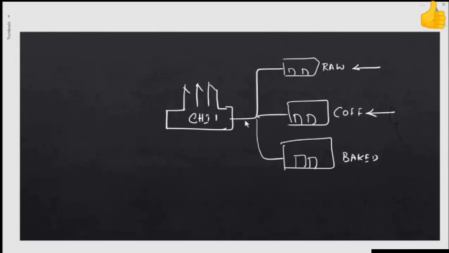Because after all, we use the system to represent what's really happening physically outside. So you just want to move that bag of coffee from raw material to the coffee warehouse. And how do you do that?